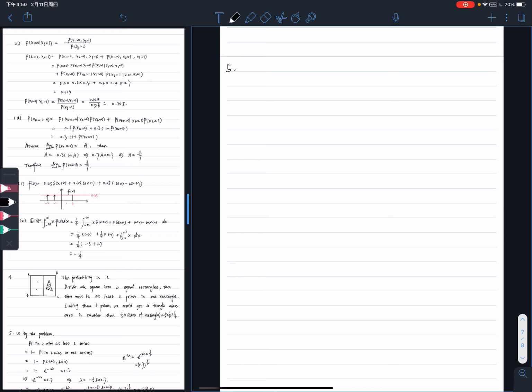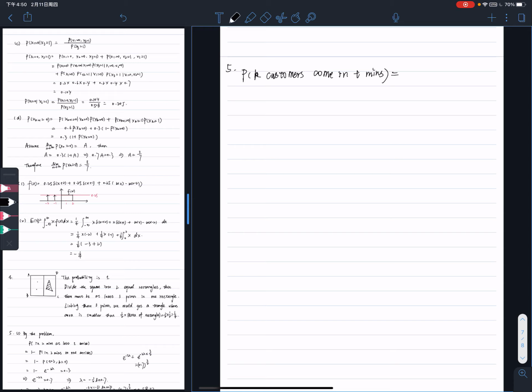So firstly, from the statement of the problem, we know that the probability that k customers come in t minutes is given by the Poisson distribution with parameter lambda.